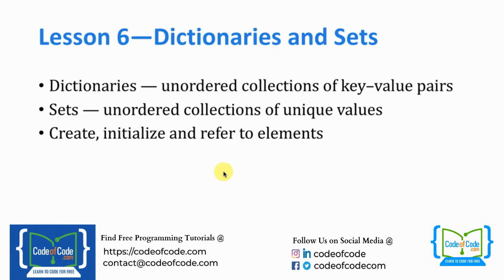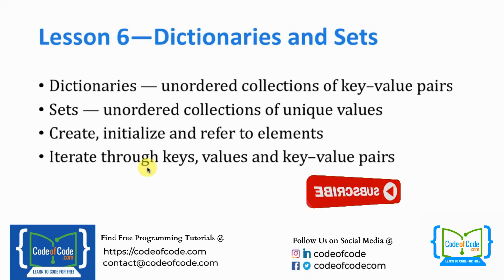I'll show you various capabilities of both of these data structures, showing how to create them, initialize their elements, and also, of course, refer to their individual elements. We'll look for a dictionary at how to iterate through just its keys, just its values, or the key value pairs themselves.